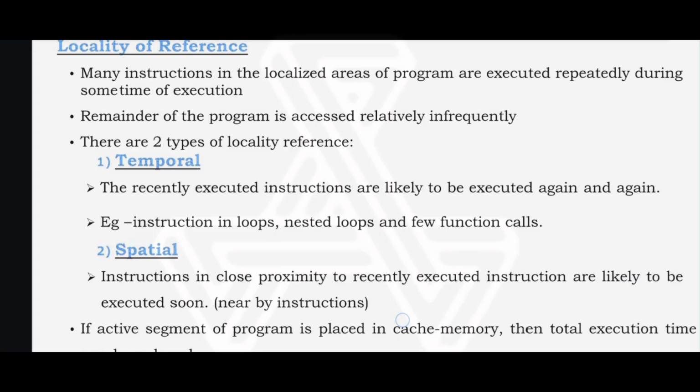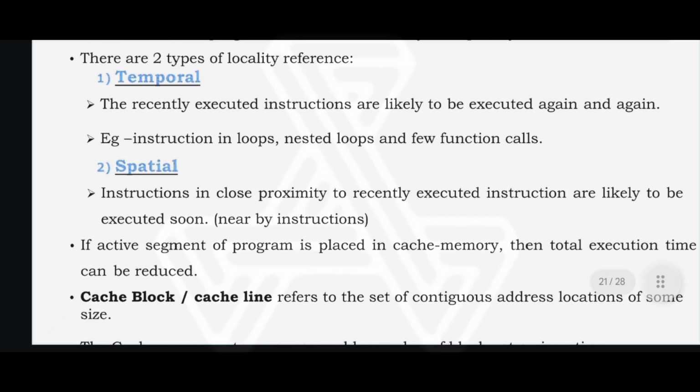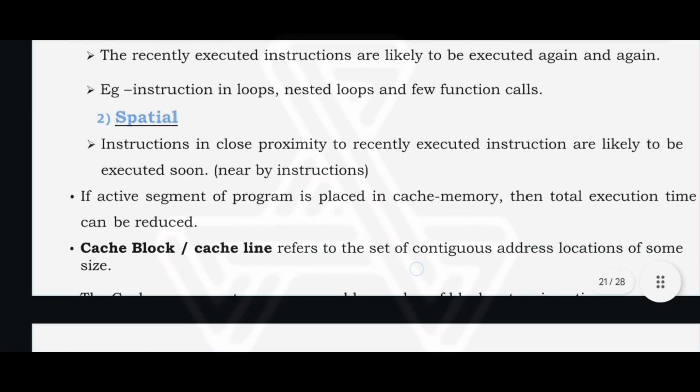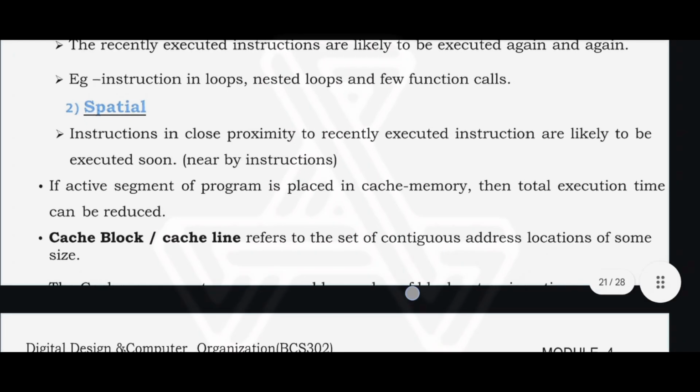Example: instructions in loop, nested loops, and few function calls. Spatial: instructions in close proximity to recently executed instructions are likely to be executed soon, the nearby instructions. If the active segment of the program is placed in cache memory, then total execution time can be reduced.